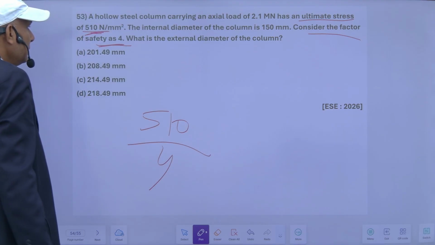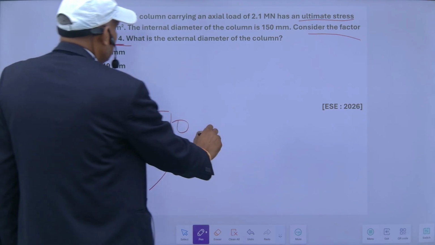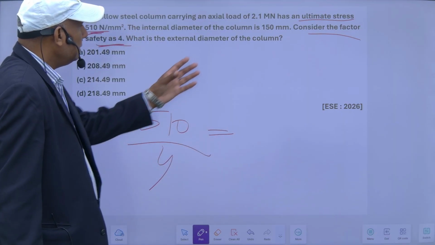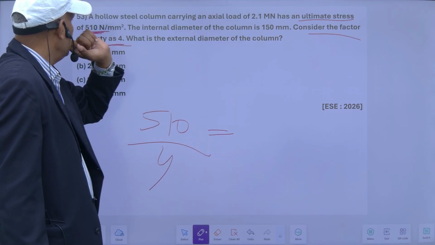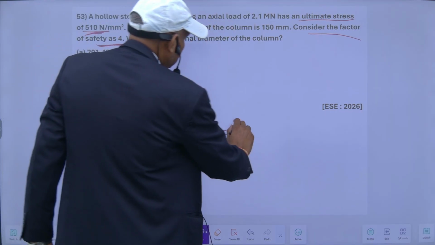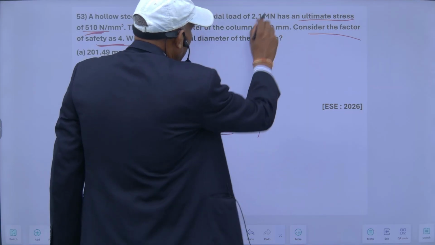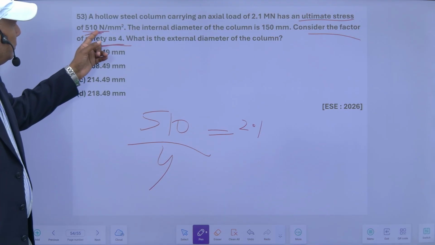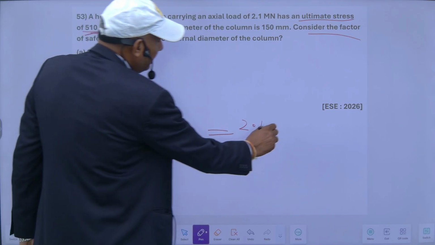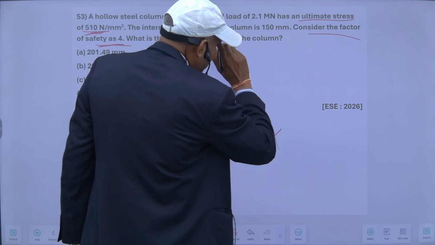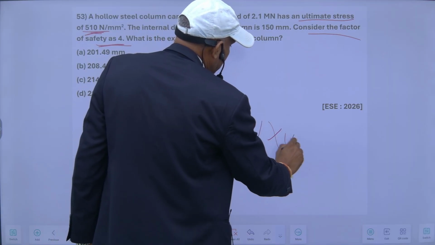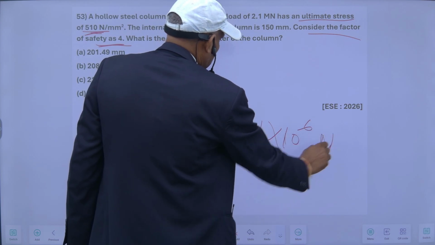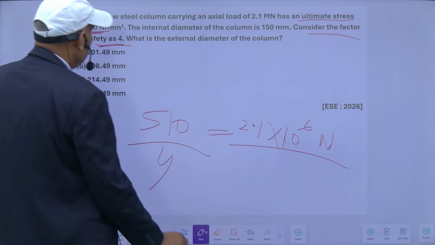That stress must be equal to the load, which is 2.1 mega Newton. So mega Newton, and this is Newton. So 2.1 into 10 raised to power 6, in Newton, divided by area.